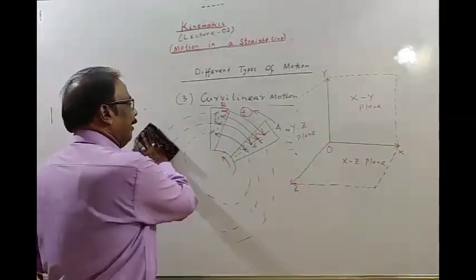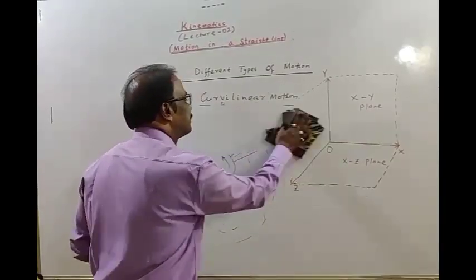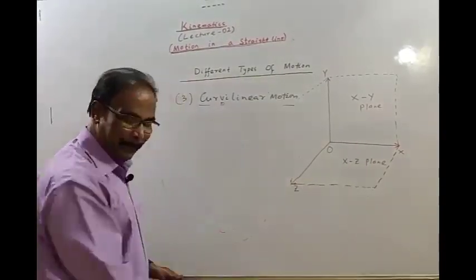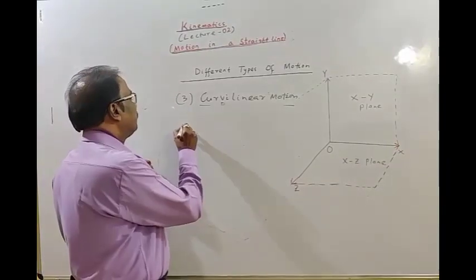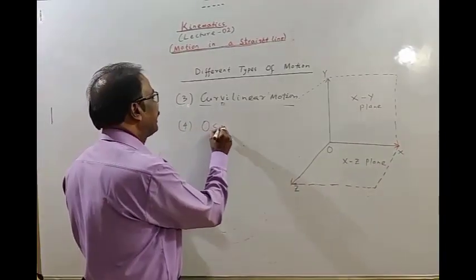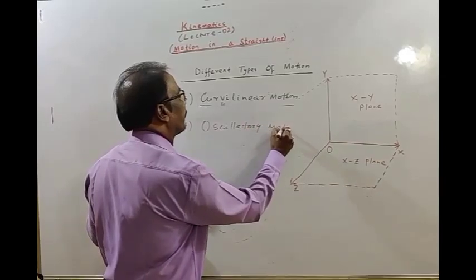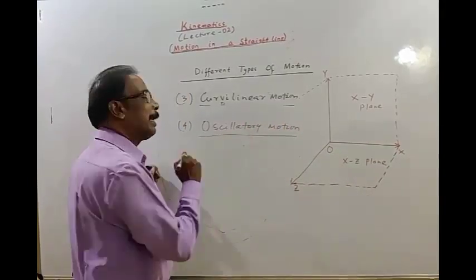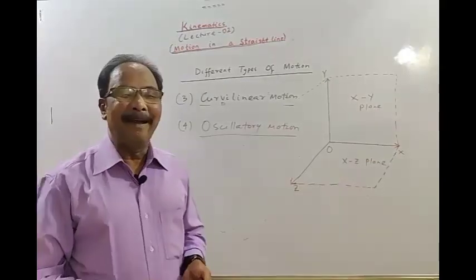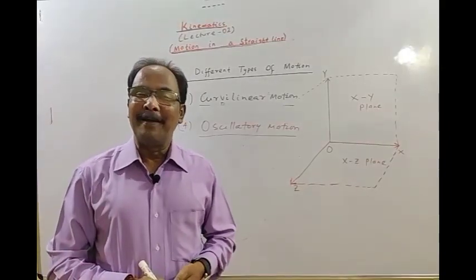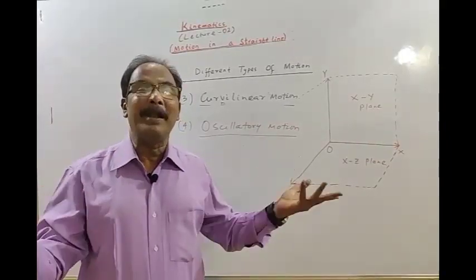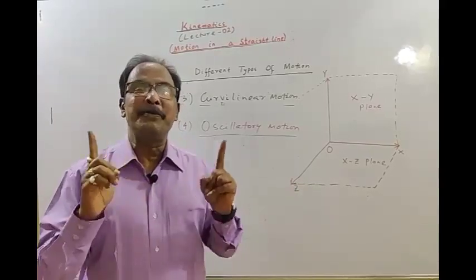Now let's consider another type of motion. Number 4, oscillatory motion. It is defined as the to and fro repeated motion about a mean position.